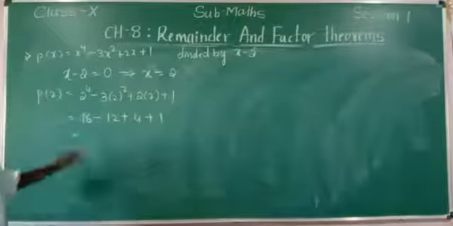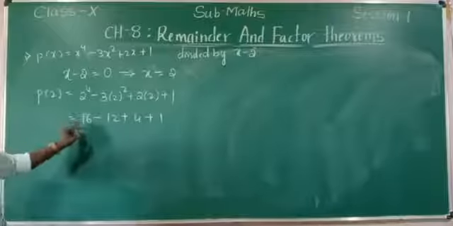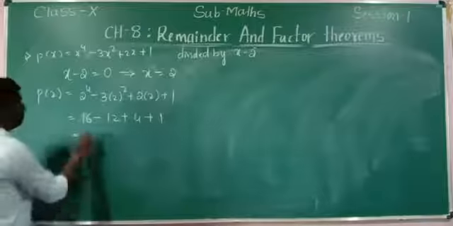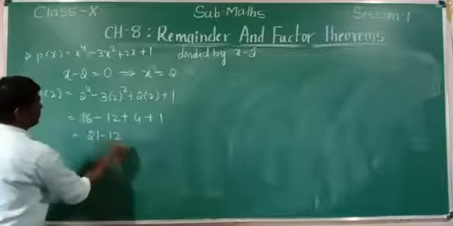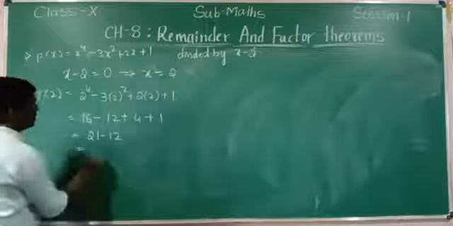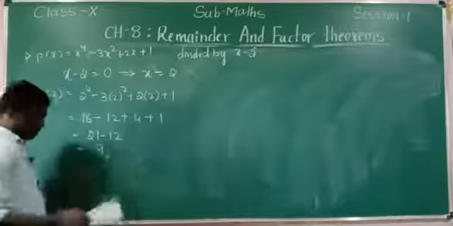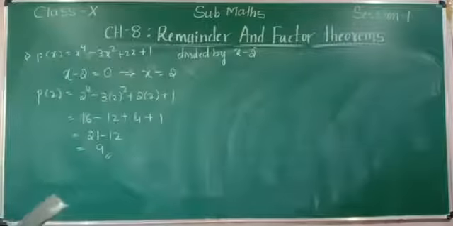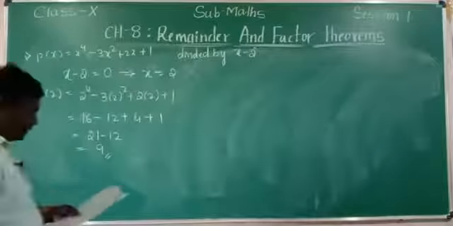So first add all the positive integers: 16 plus 4 is 20, 20 plus 1 is 21, 21 minus 12. So 21 minus 12 is equal to 9. Okay, so this is the required answer. Okay, see the next question.